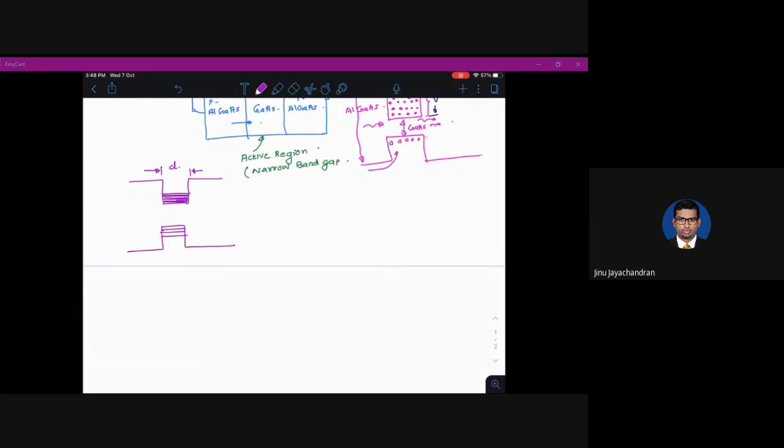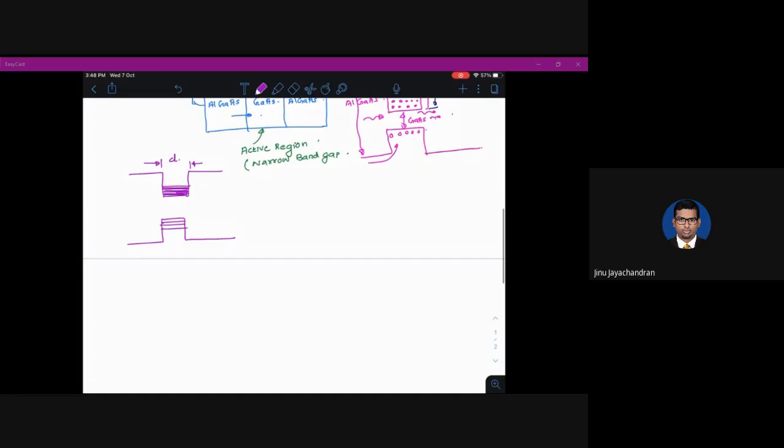That is one of the theories in quantum mechanics. So when the width is large, there will be a lot of energy states available here, which means you can almost see it as a continuous number of energy states.